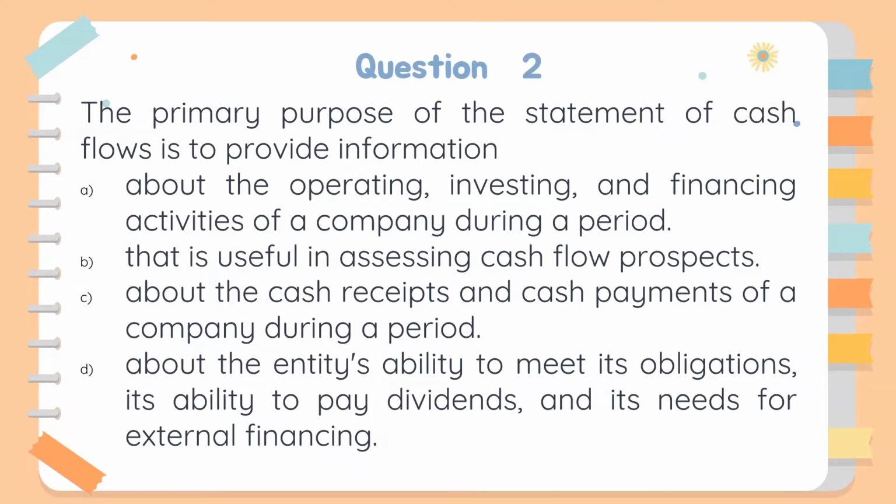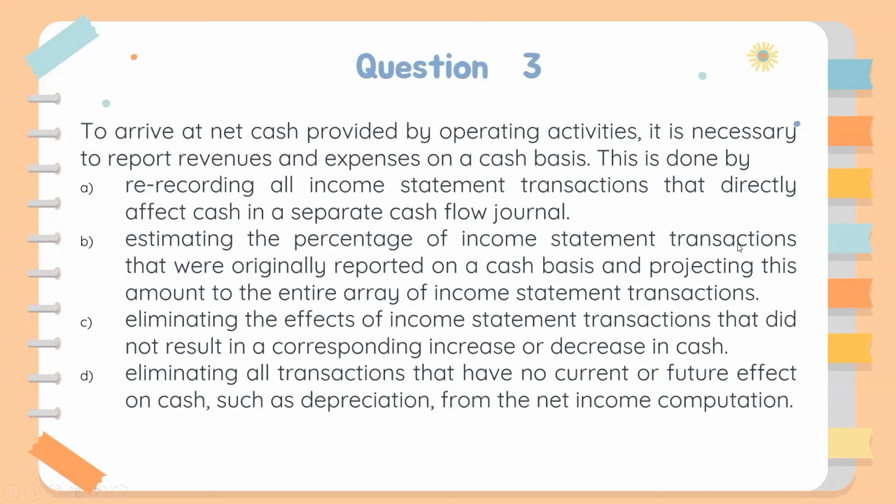So yung si Kian and Joselia is D yung answer, and then si Marivic C, and then si Cyrene A. So the answer is C. It is about the cash receipts and cash payment of a company during a period. So question number 3. Mr. Ronaldo, ikaw na.